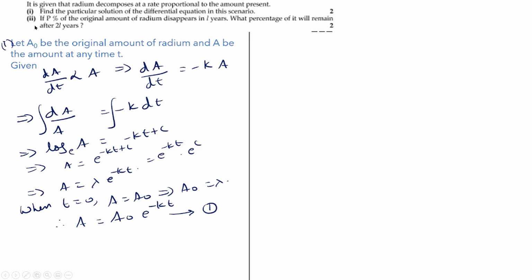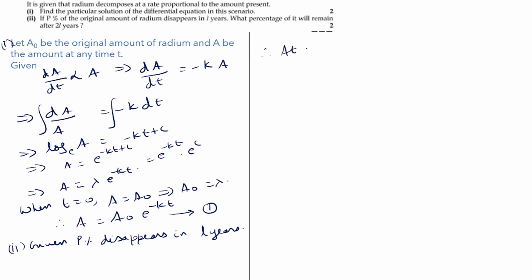Next we have the second subdivision. If P% of the original amount of radium disappears in L years. So in L years, P percentage disappears. We need to find the percentage that will remain after 2L years. So for the second subdivision, given P percentage disappears in L years.